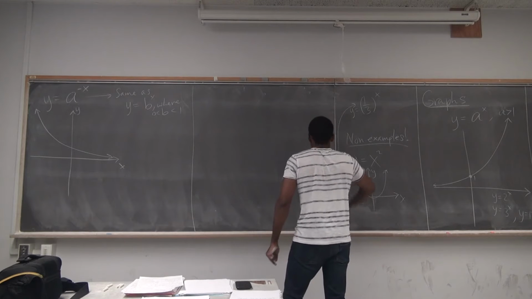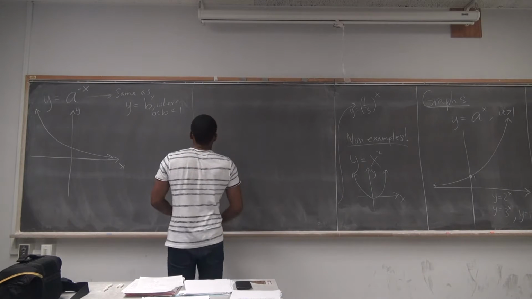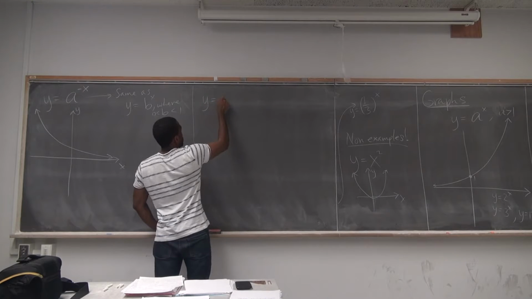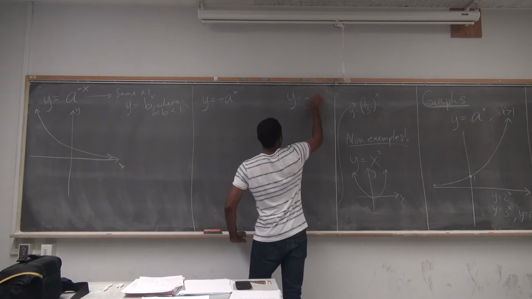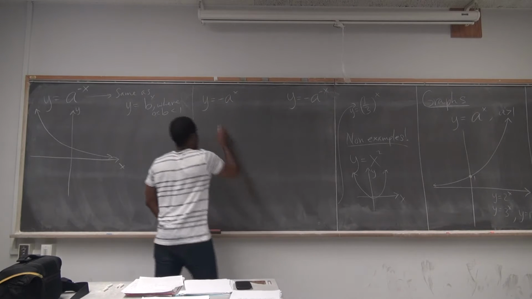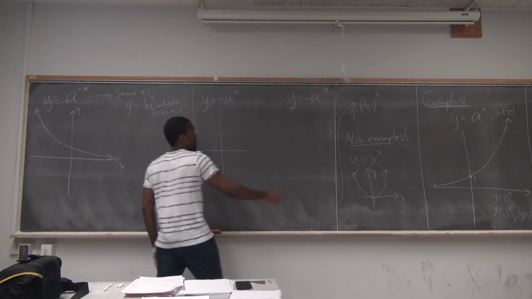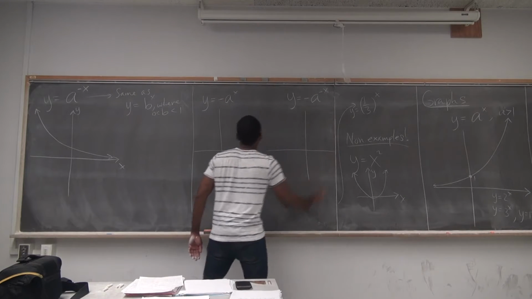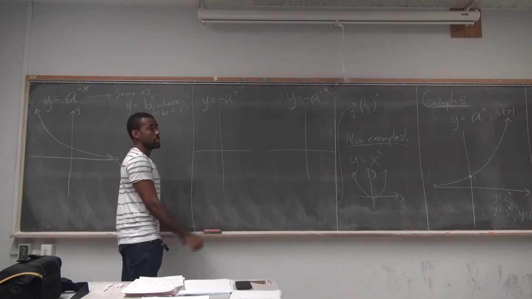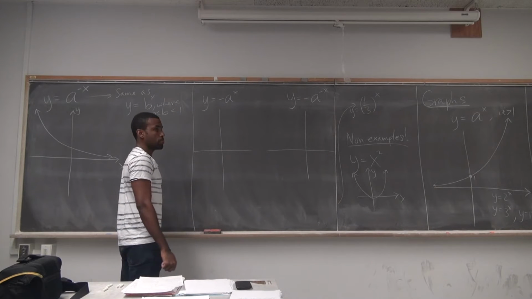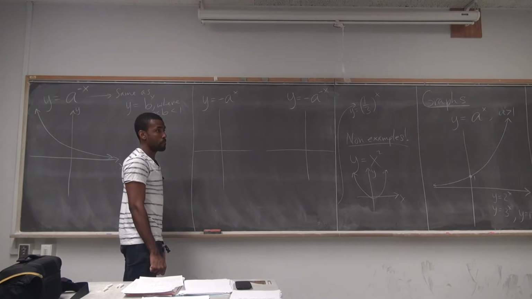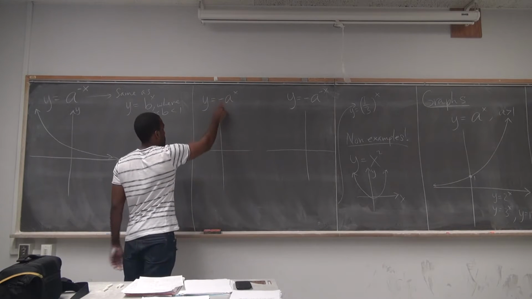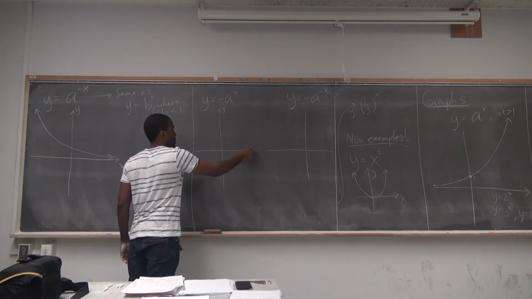It's useful to know the other reflections as well. So if I have y equals minus a to the x, or y equals minus a to minus x, what would this one look like? Minus a to the x. What picture is that going to look like?